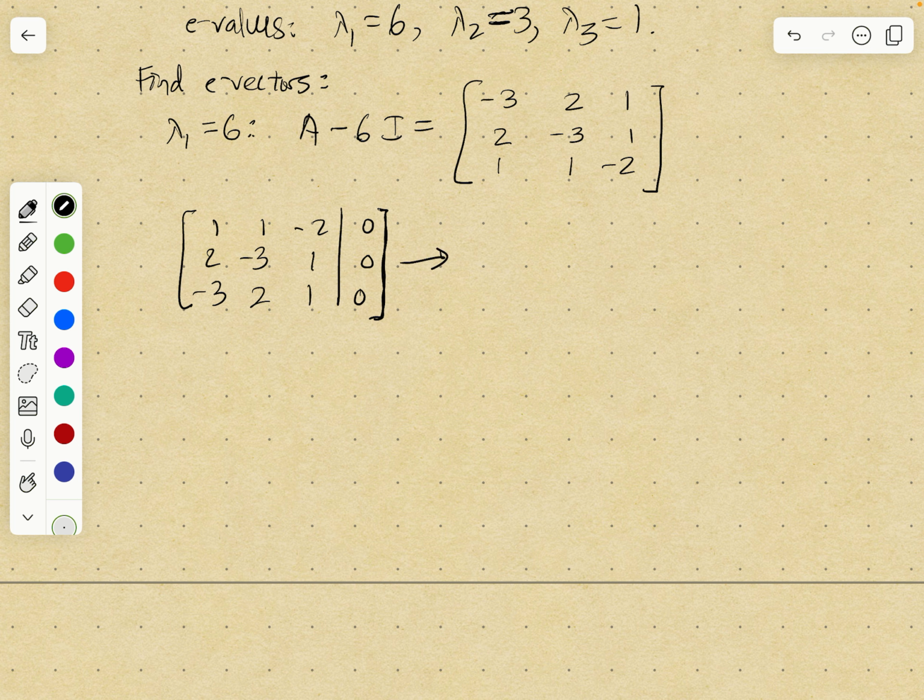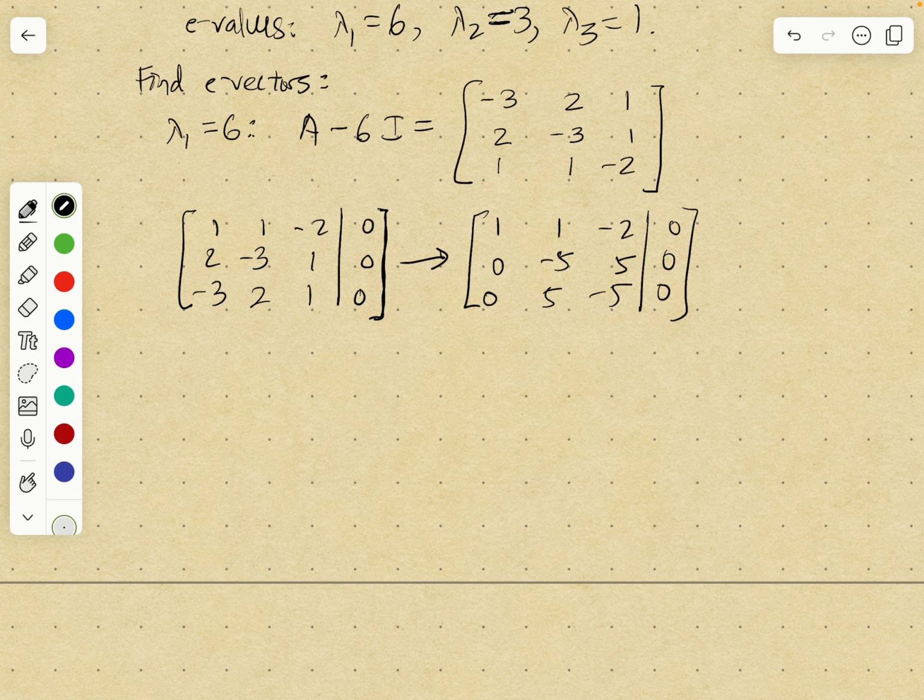So anyway, now we row reduce, so I'm going to do row 2 minus 2 row 1 and row 3 plus 3 row 1, right? I'm using my pivot 1 on the top to make the numbers below the 1 equal to 0. And when you do that, you're going to get 1, 1, negative 2, 0, negative 5, 5, 0, 5, negative 5.